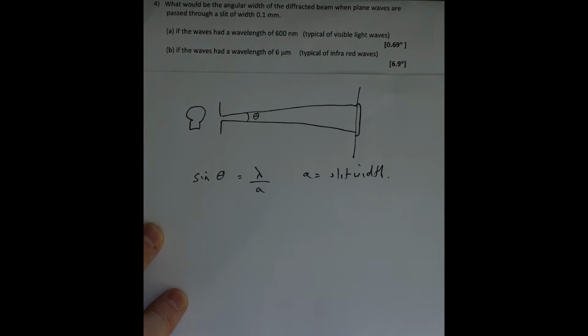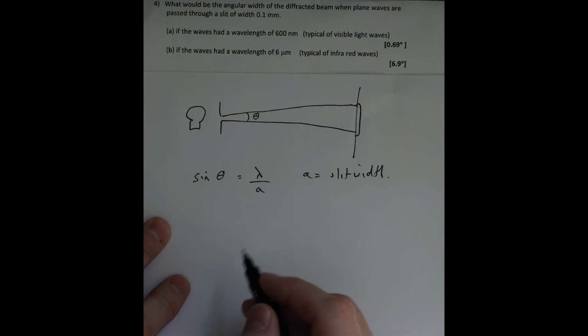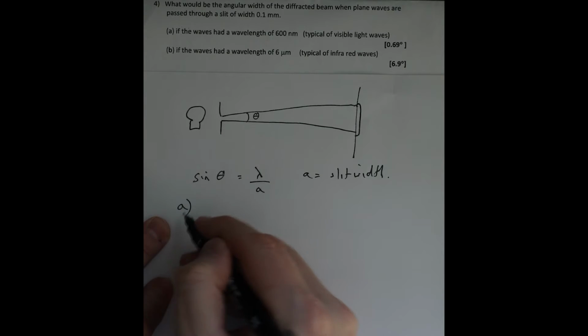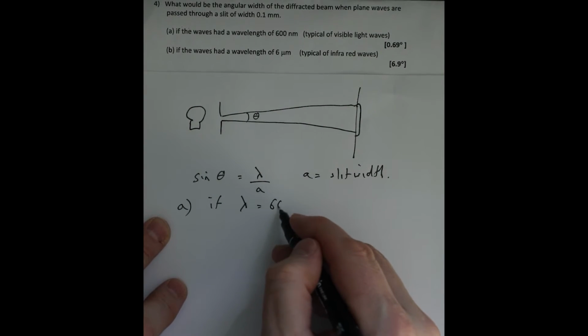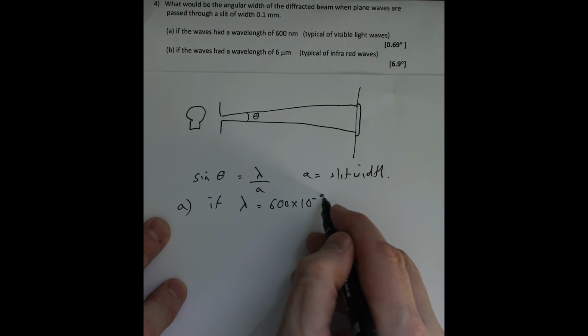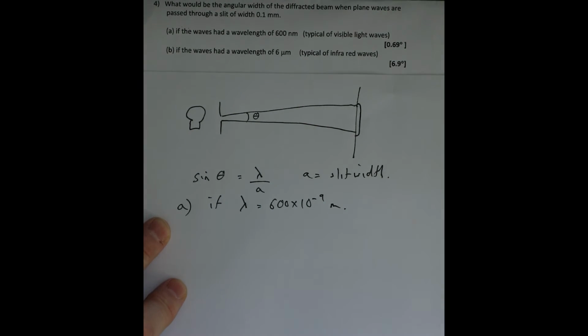So if we look at the first part of the question, basically it is asking us what that angle would be if the waves had a wavelength of 600 nanometers. So part A is if lambda equals 600 times 10 to the minus 9 meters.